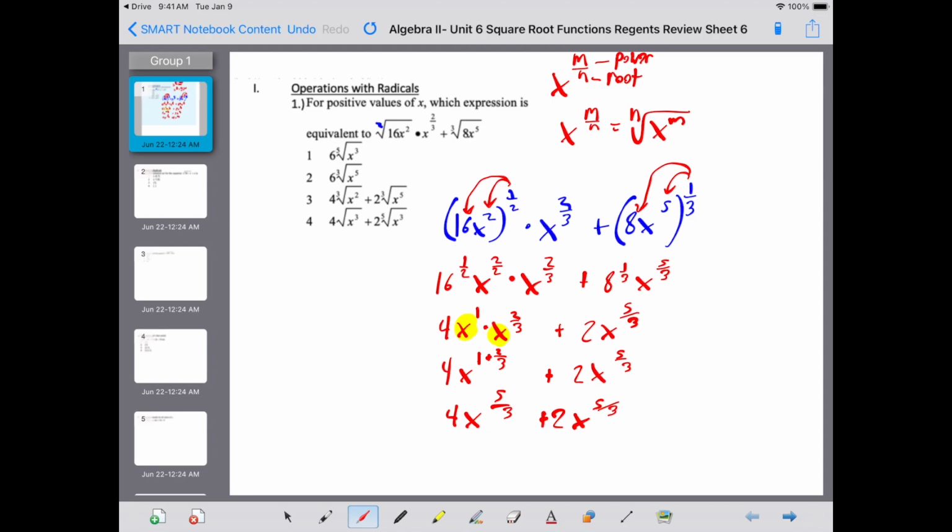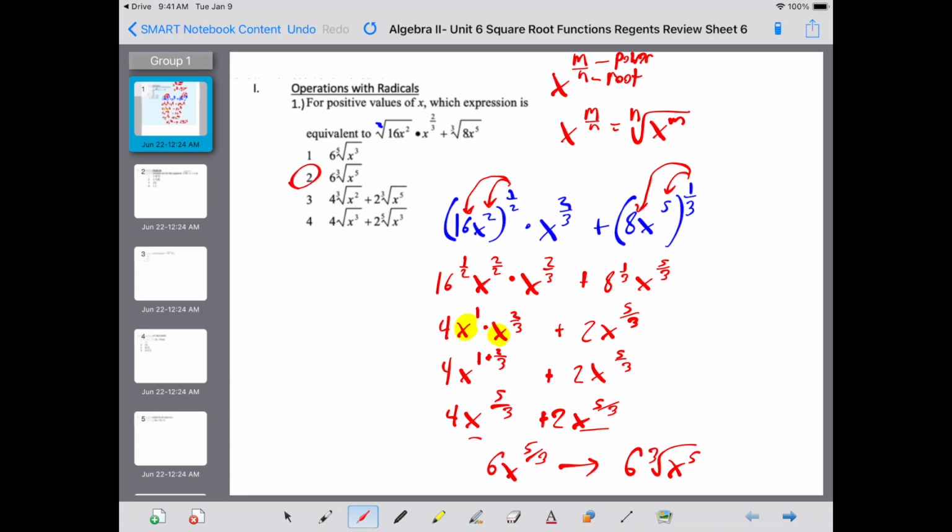Now you have a common term, alright? You have like terms, so you could combine those. That's just 6x to the 5 over 3, which 3 would be the degree of your root, so 6, the third root of x to the 5th power.